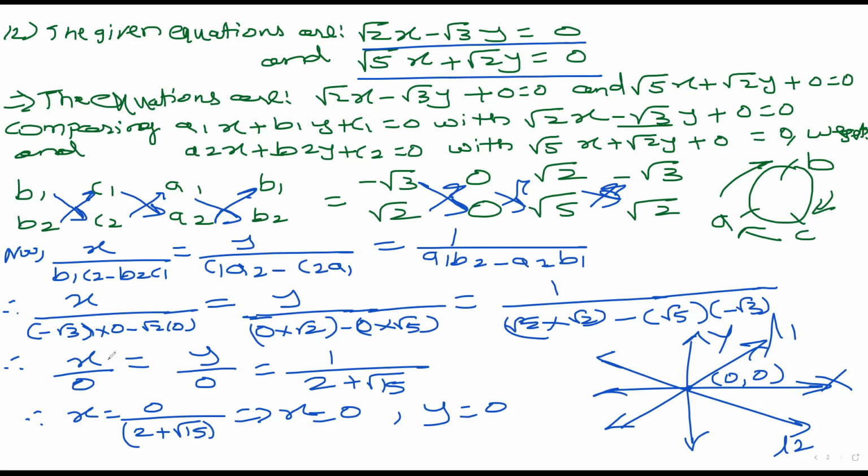Yeah, we know that. That means x is 0 and also y is 0. So basically the solution is x is 0, y is 0. In fact these two lines have a solution which is the origin. This is what we can conclude.